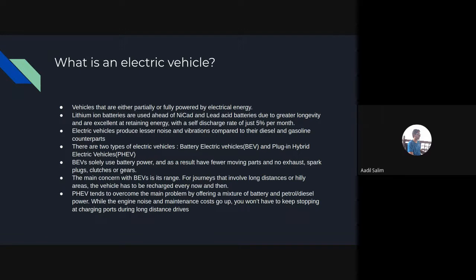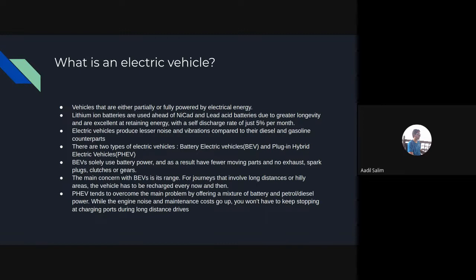For long distance journeys and driving in hilly areas or rough terrain where a large amount of torque or power is required, the power of the electric vehicle drains very quickly, and we'll have to keep recharging it very frequently, which is not ideal because in many places, especially India, electric vehicles are just being adopted, and it's not easy to find a charging station every 10 or 15 meters.